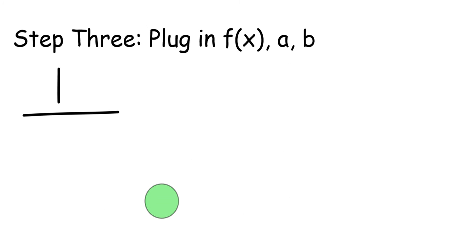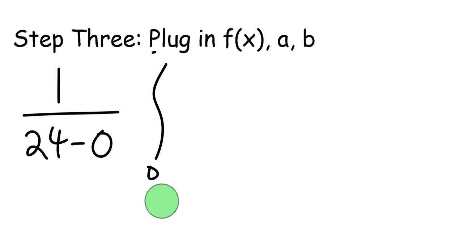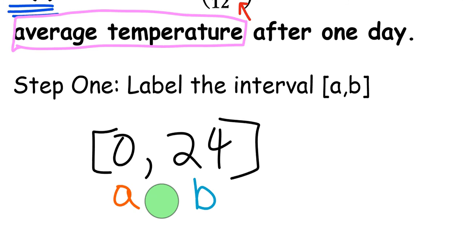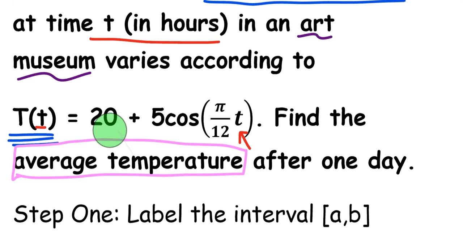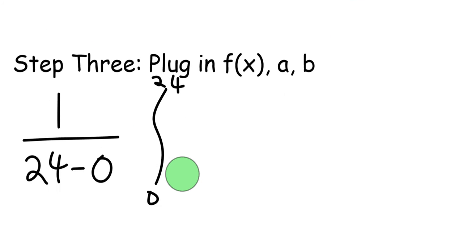So remember, b is just 24, since there are 24 hours in a day. A is 0. And f of x was the formula given to us up here, so I'm just going to write that out: 20 plus 5 cosine of pi over 12t.